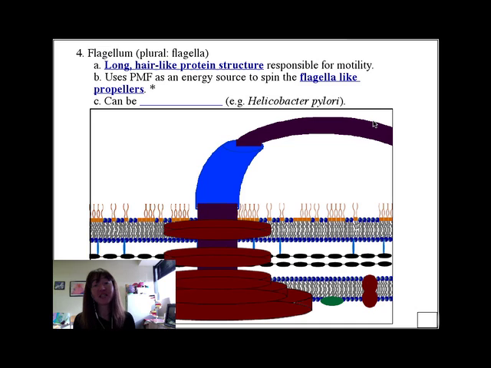For example, a bacterium called Vibrio alginolyticus is able to move that fast. If Grant were able to move as fast as a bacterium, he would be able to run 82 miles per hour. Now, Grant, I know you're fast, but not even Usain Bolt comes close to that. It's not even a contest.